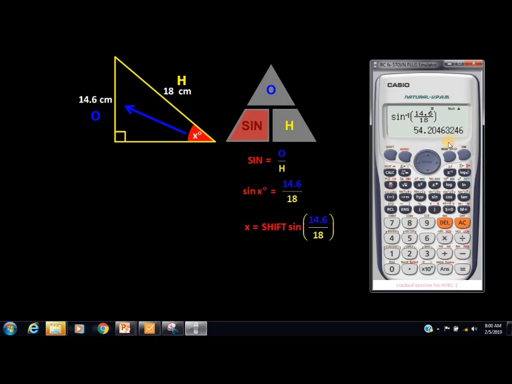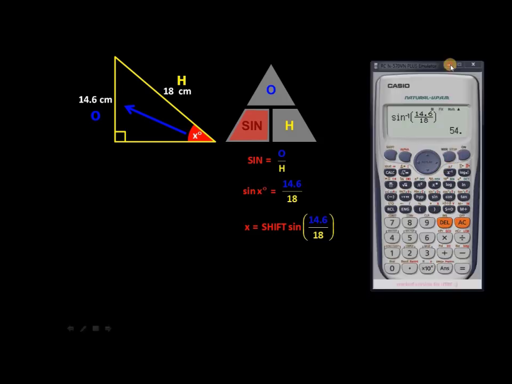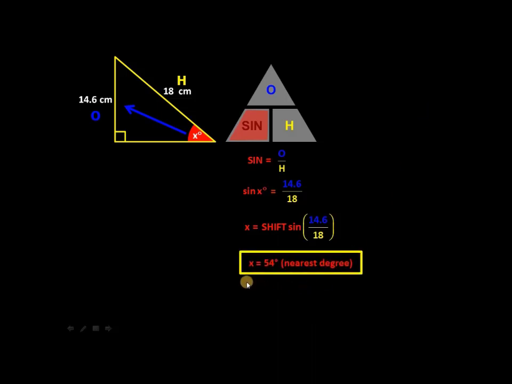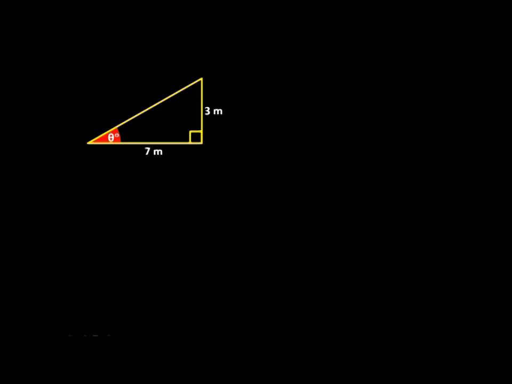This is the angle. We don't want decimal places, we want nearest degree, so we go shift, set up, fix, and then 0 for 0 decimals. The answer is 54. So the answer is x equals 54 degrees, nearest degree.